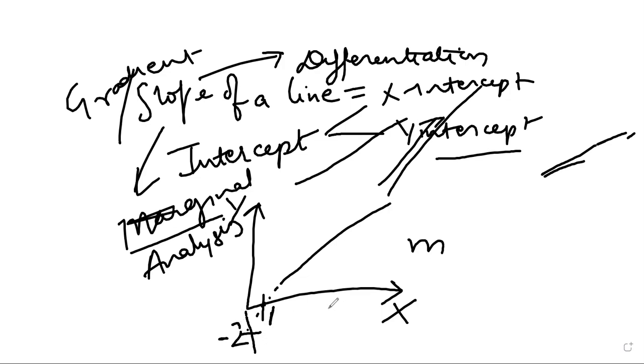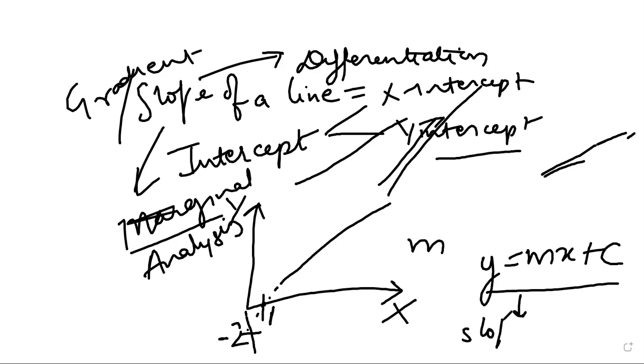So when we are talking about the equation of a straight line, it is given by y is equal to mx plus c. This is known as the slope intercept form of the equation of a straight line.